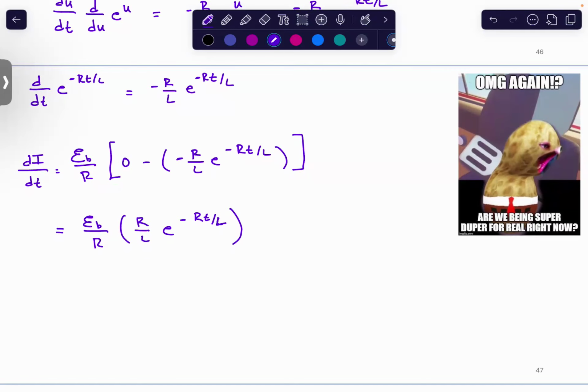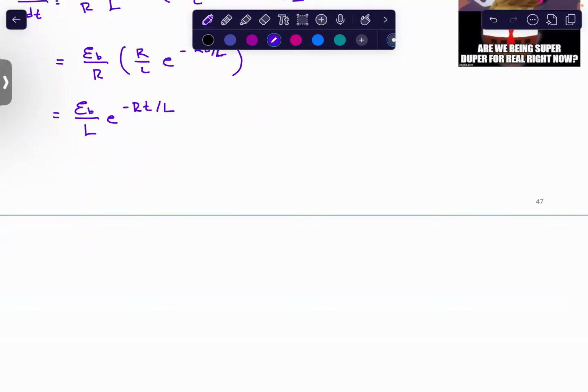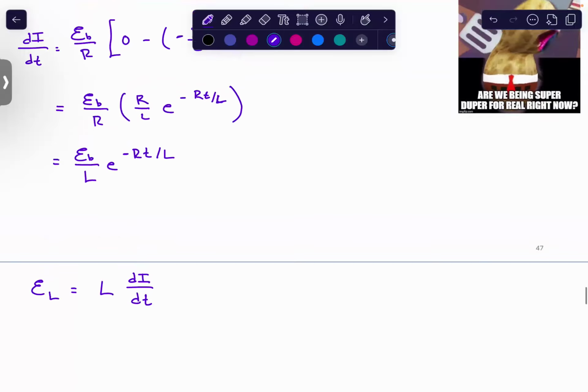Which is going to give us, okay, so we saw that derivative of the current. Now remember, what we were looking for was the EMF of the inductor, and that was L dI/dt.